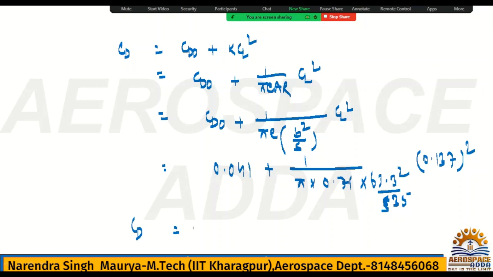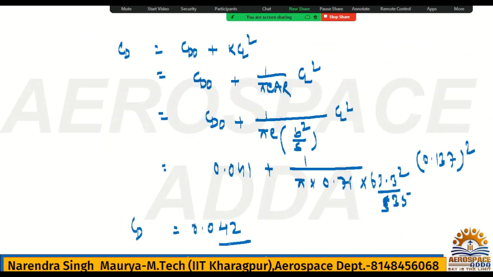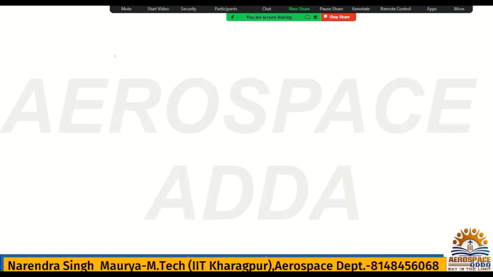Yes, this is the CD. Now, in this formula, you keep the data. What will be the R? 2 upon CT.